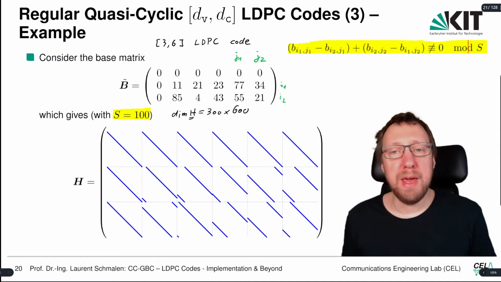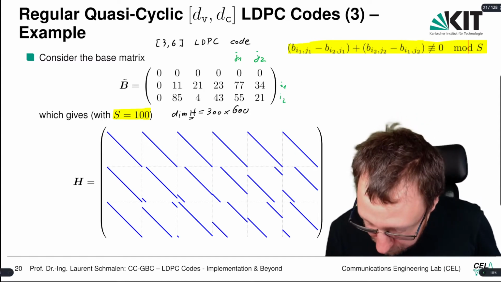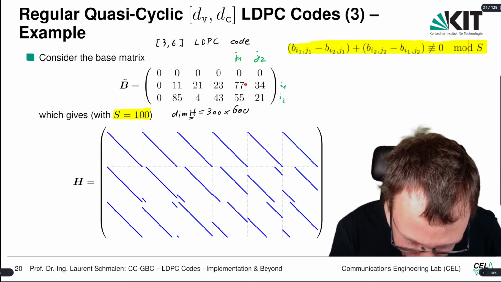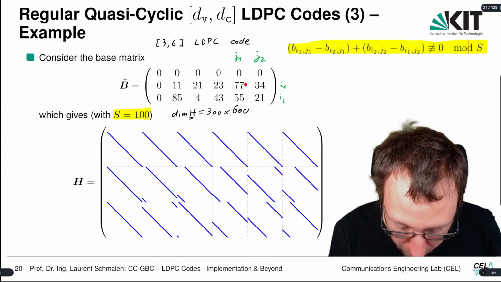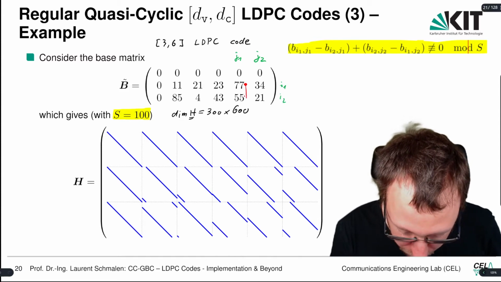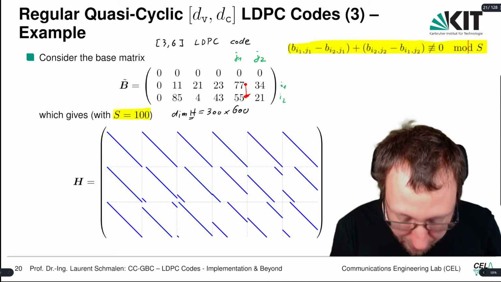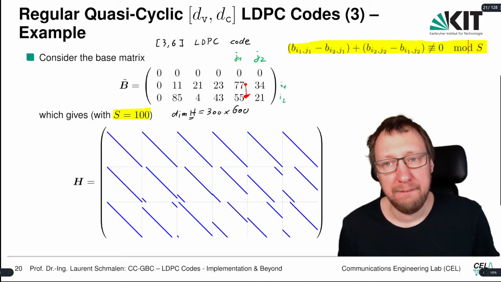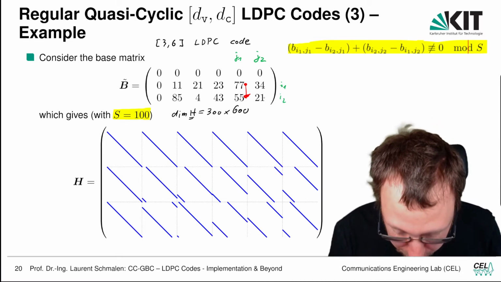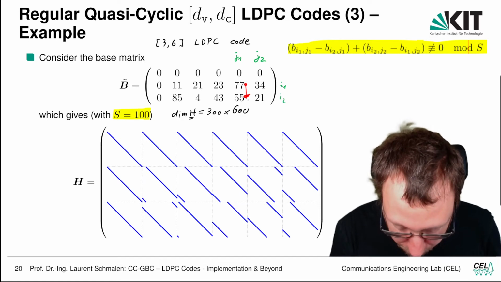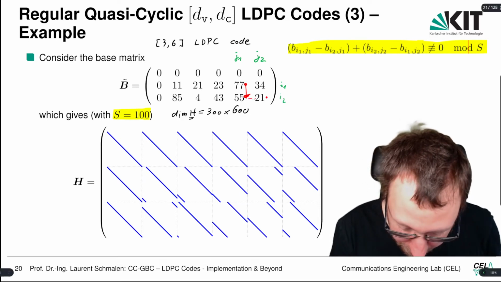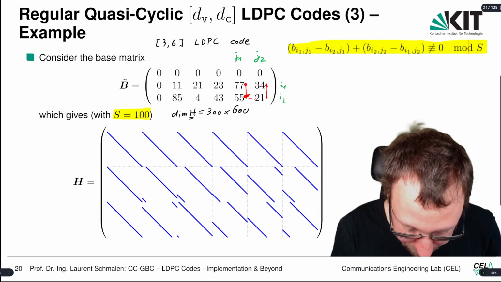So b_i1,j1. It means we start here, and then we go to b_i2,j2, and we take the difference. Then we go to b_i2,j2, and then we go up.